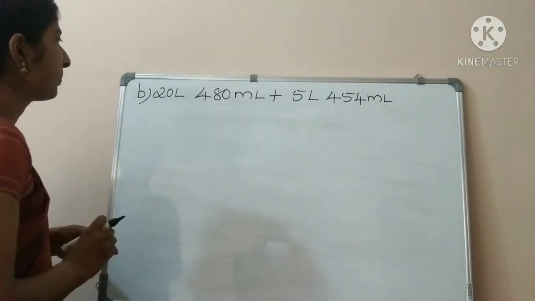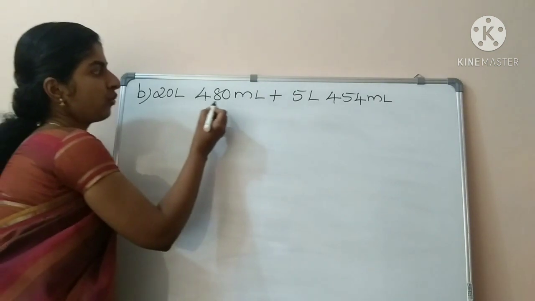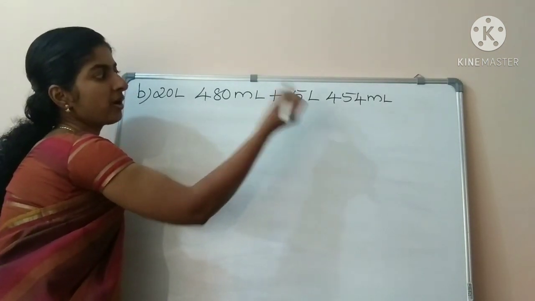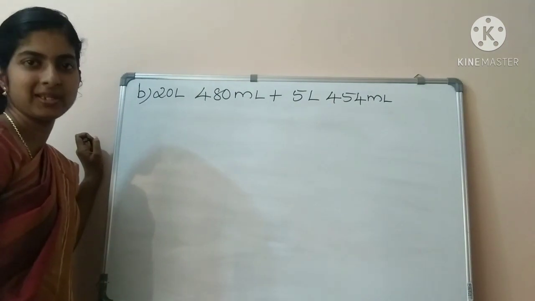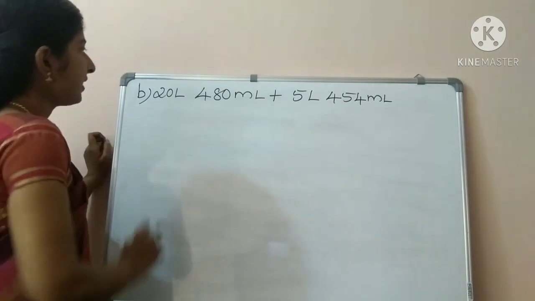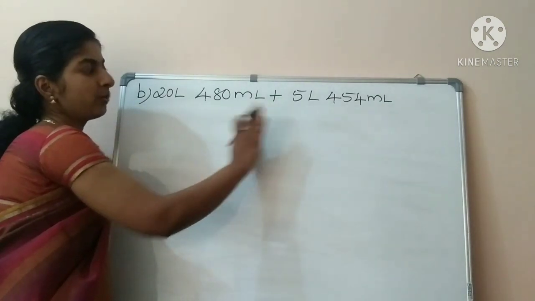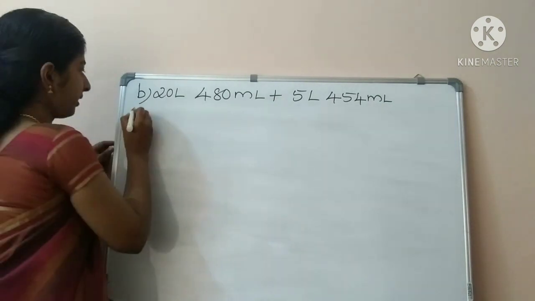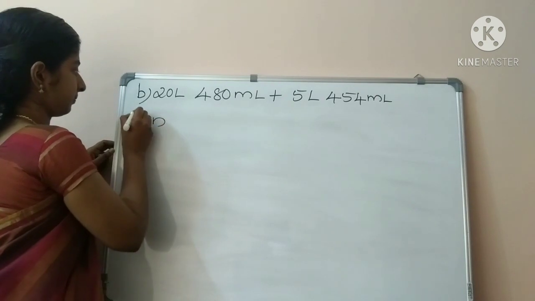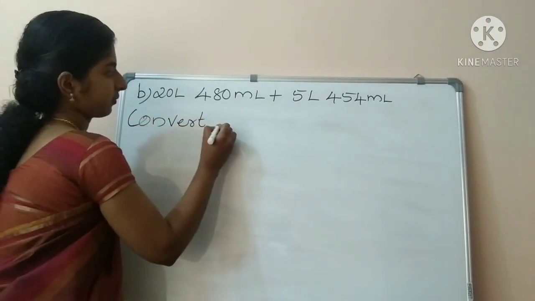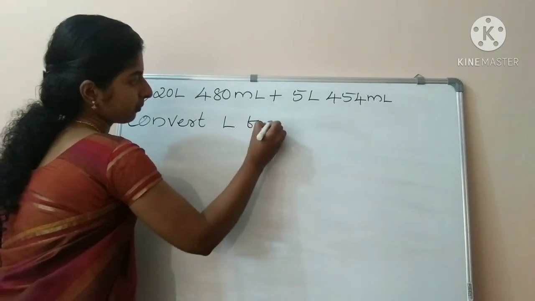See, question number B. 20 liter 480 milliliter plus 5 liter 454 milliliter. First, convert liter to milliliter.